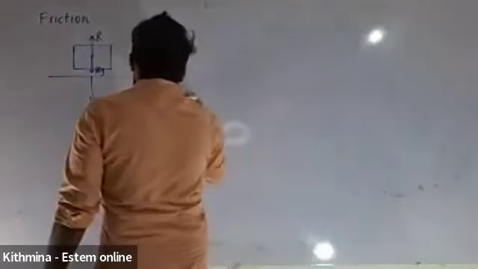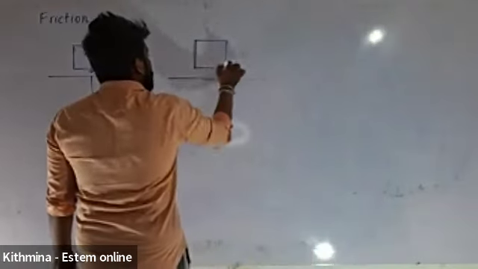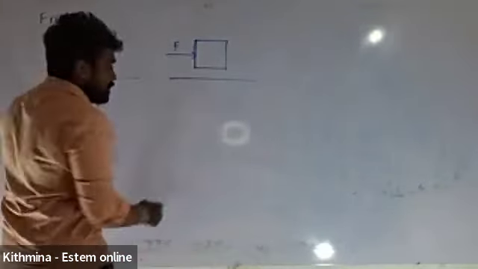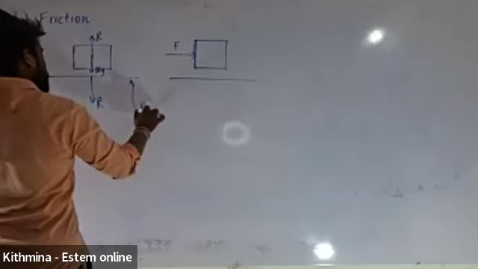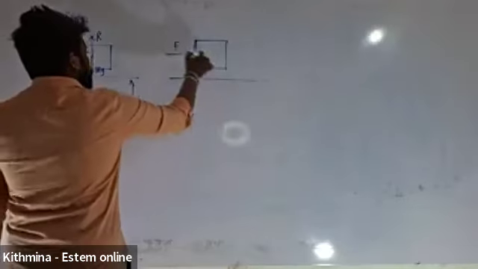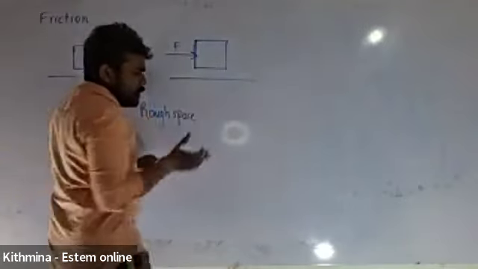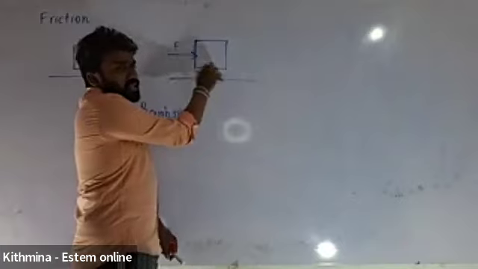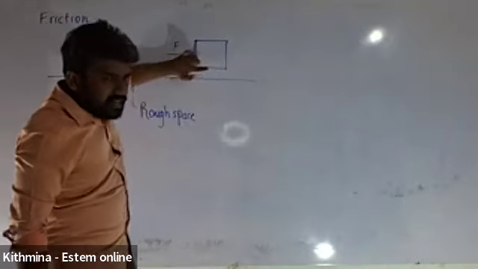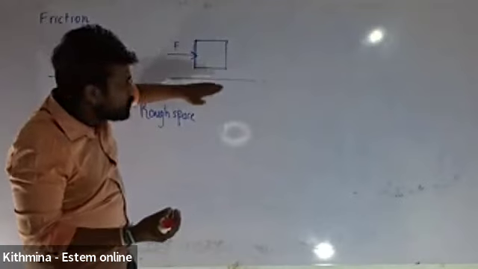Now, if we apply a force on this object, and this is not smooth, this is a rough surface, if I apply a force, now this contacting surface, in what direction is the force applied on the surface?